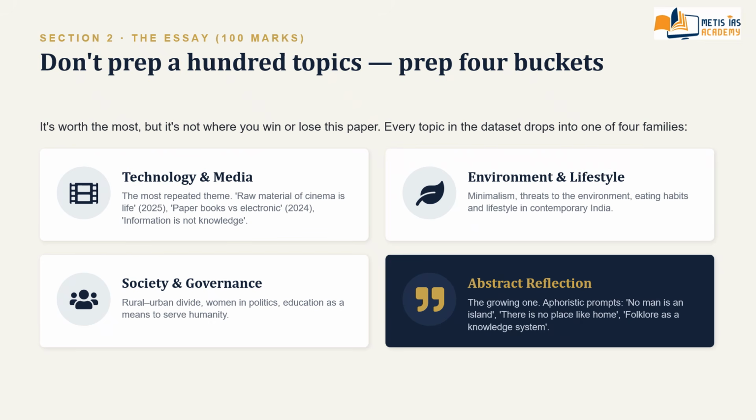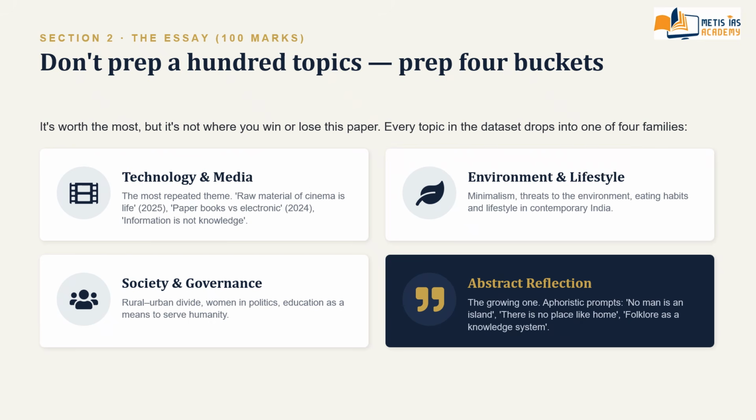Essay topics cluster into recognizable families. There are 3 to 4 cluster families. Number one is media, cinema, and technology. This is the single most repeated theme in the essay in this general English paper. Does Indian cinema reflect social reality? This question was given in 2025.